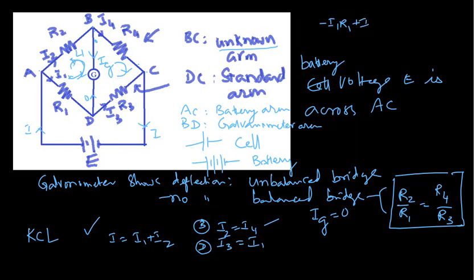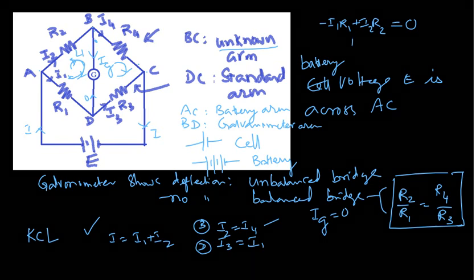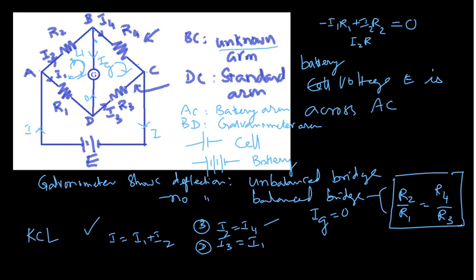This entire thing equals 0, and therefore you will get I2 R2 equal to I1 R1. I'll be writing this on the next page, because we'll have to copy this picture again.